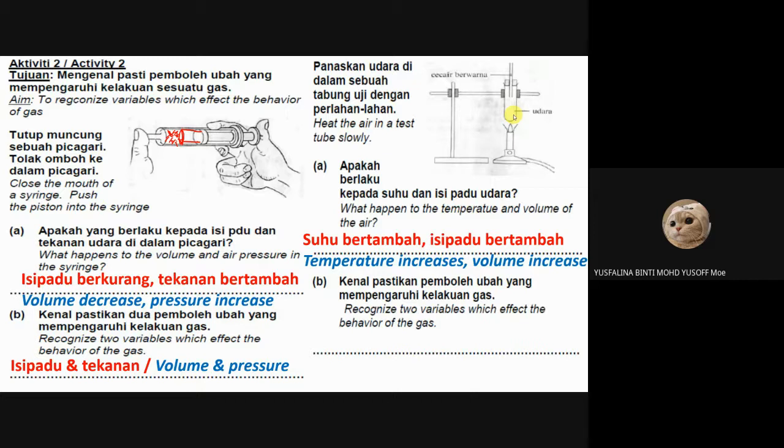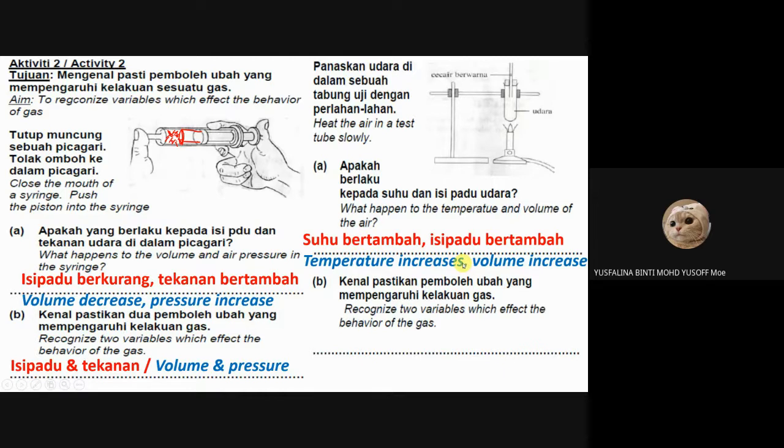The kinetic energy will increase because you give heat to the air. So if you give heat to the air, it will move faster, which means the collision will also increase, right? When the collision increases, the pressure also increases inside this test tube, and it will push the water up. So what will happen to the temperature and the volume of the air?